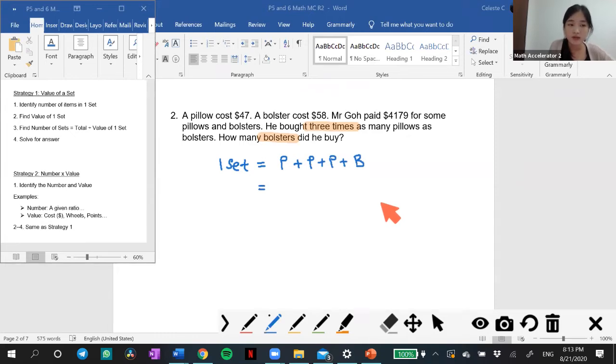Step 2, find the value of one set. Okay, 3 times as many pillows. So pillows to bolsters means the pillows will have 3, bolsters will have 1. Okay, looking at the question. The value. Okay, what's the value of each pillow? Stated here, $47. So if you have 3 of it in one set, you have to add it up.